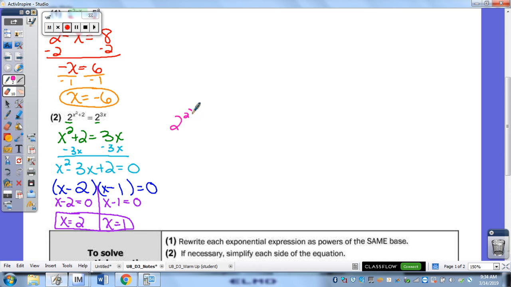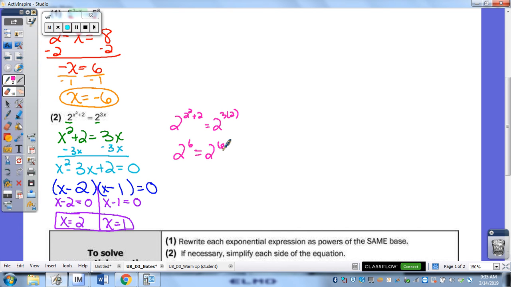So if I plug in my 2 first, for my x's there in my exponents, I'm going to plug in my 2 just to check to make sure it works. On the left side, what's 2 squared? And then plus 2 gives us 6, so 2 squared is 4, plus 2 gives us 6. On the other side, 3 times 2 also gives us a 6.